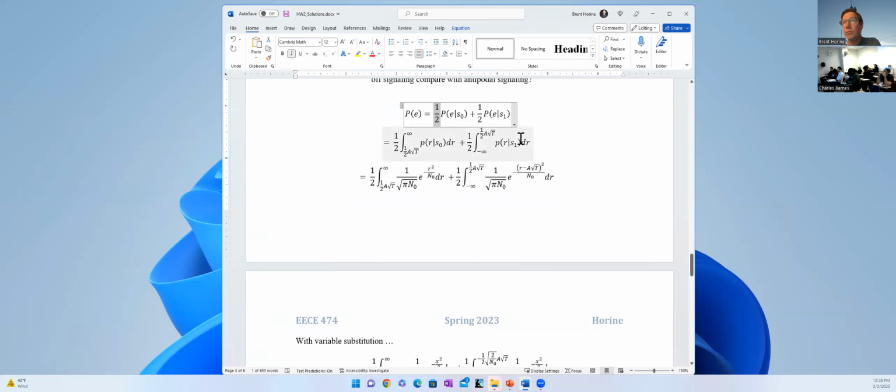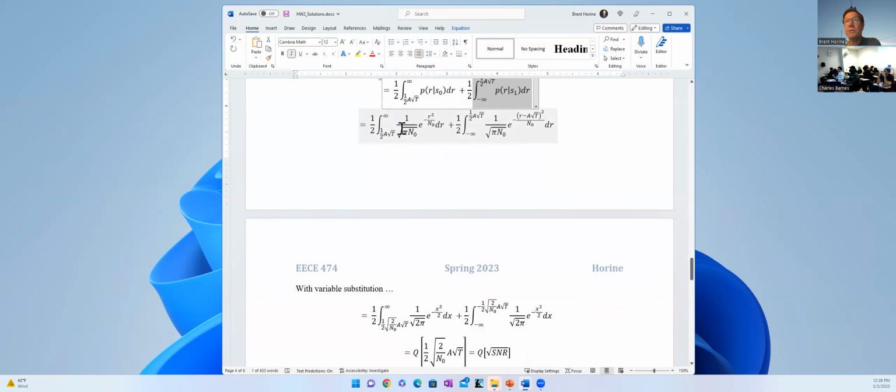Then we repeat it, but for S1, the error region would be anywhere from minus infinity up to that threshold, or basically anywhere lying within decision area 0. So again, the 1/2 comes from this equation up there, and we sub in our PDFs now. So that's just direct substitution. We already wrote those out.